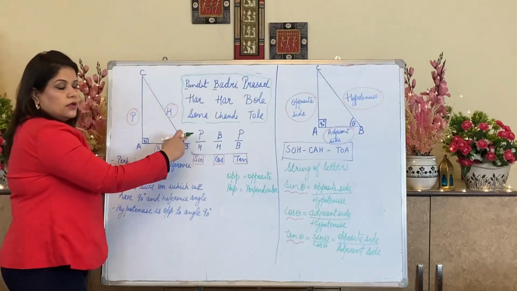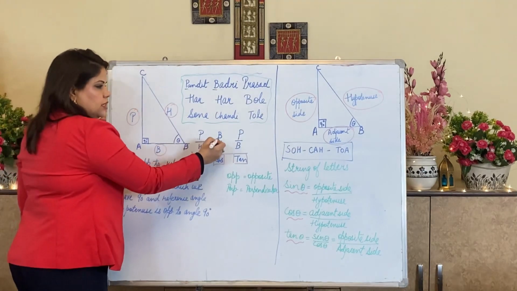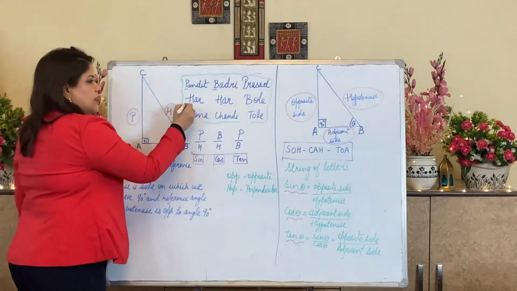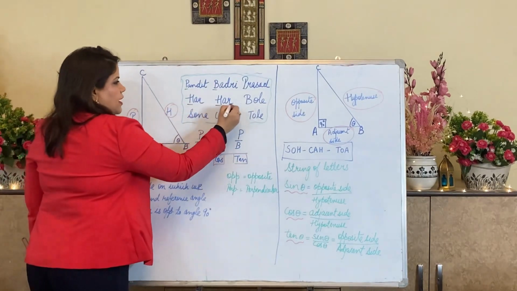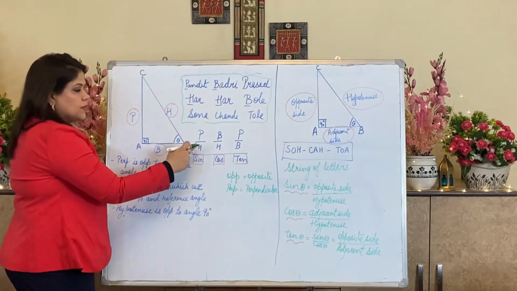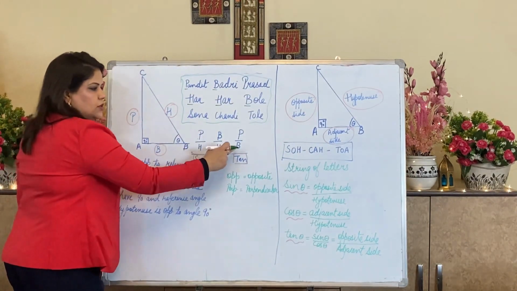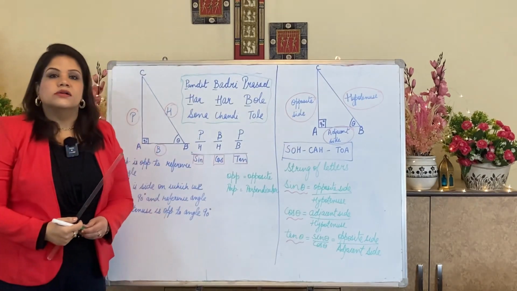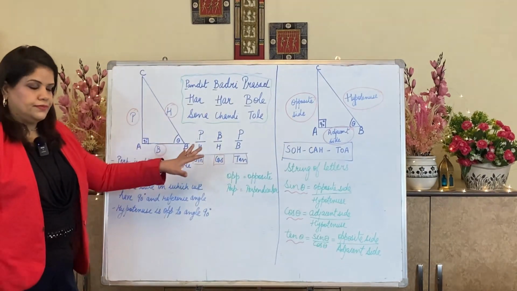Pandit Badri Prasad. Now in my second line, I will again take the initials H, H, B. Har bole. So this will be H, H, B. From this, you will be able to learn sine, cos and tan.